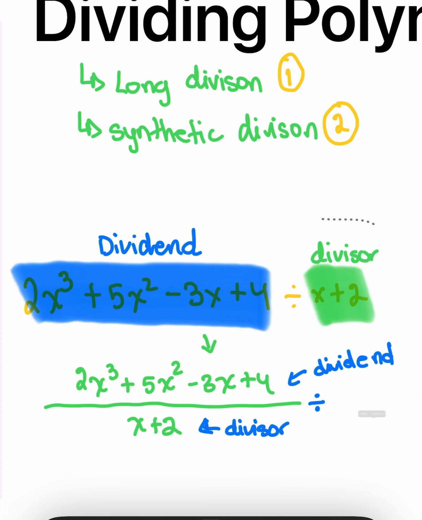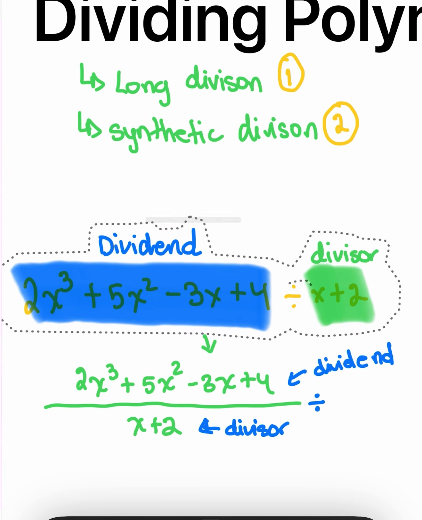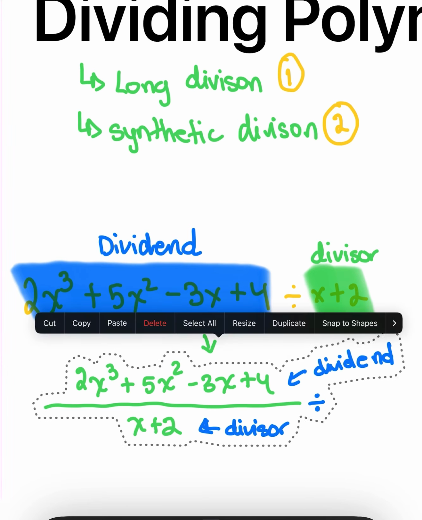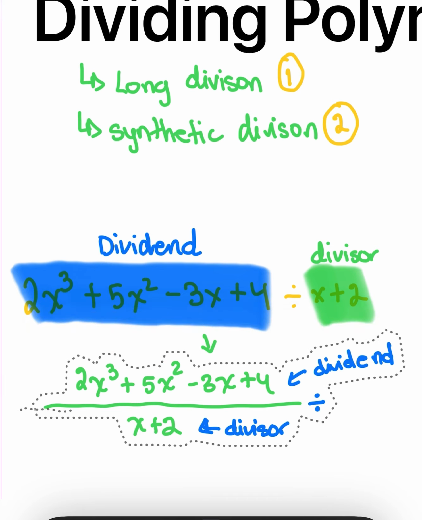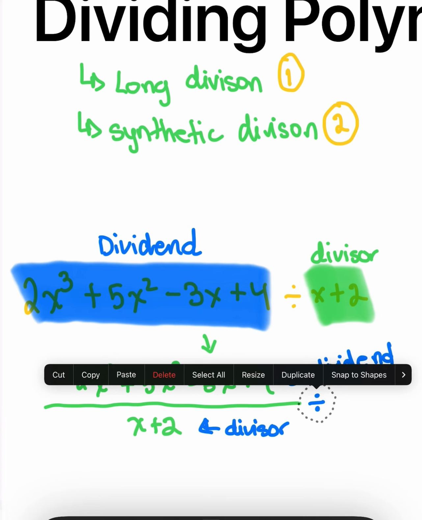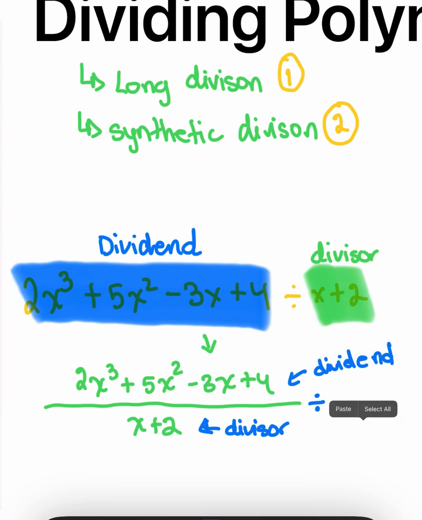Now, one way to write division is like this. You have your dividend that is being divided by your divisor. A different way is like this. So you can have your polynomial or your dividend at the top. You can have a long line, which just means or represents the division symbol. And then you have your divisor at the bottom.